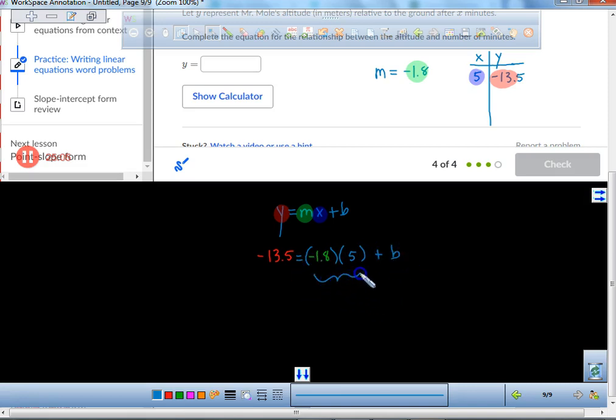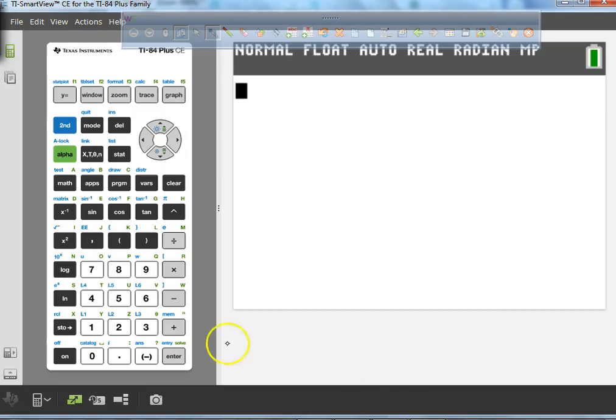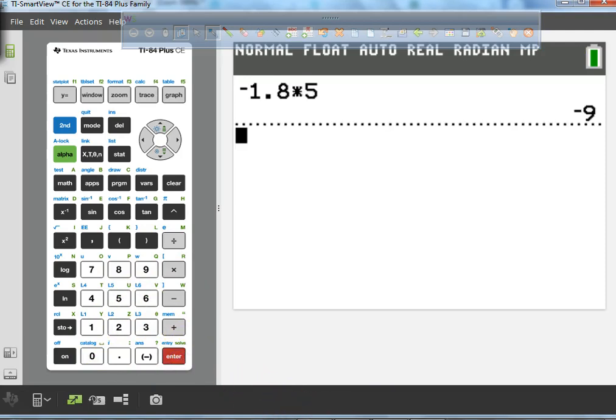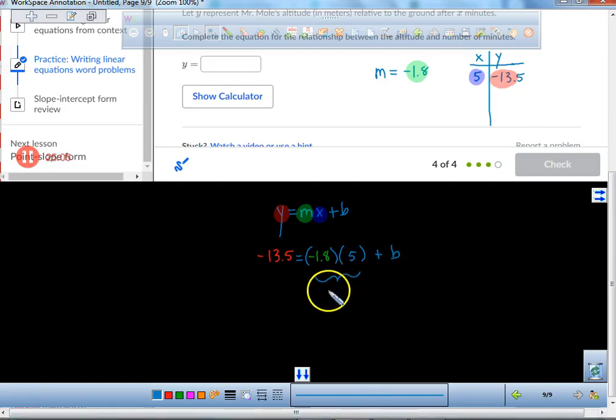So I multiply these two together. I'm just going to take negative 1.8, multiply it by 5. I get negative 9. And then all I have to do is add 9 to both sides.